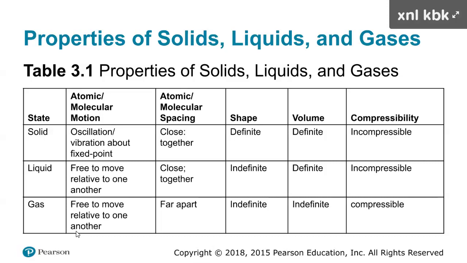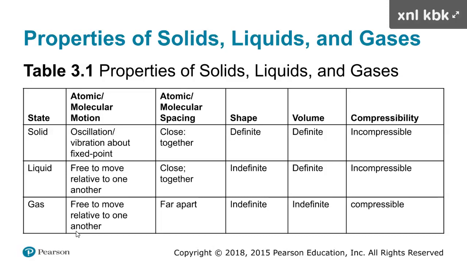And that's really the difference at the molecular level between the solid, the liquid, and the gas. It comes down to two ideas: spacing and freedom of motion. In a gas, they're widely spaced, so they have almost infinite freedom of motion. And that's why they don't have a defined shape.